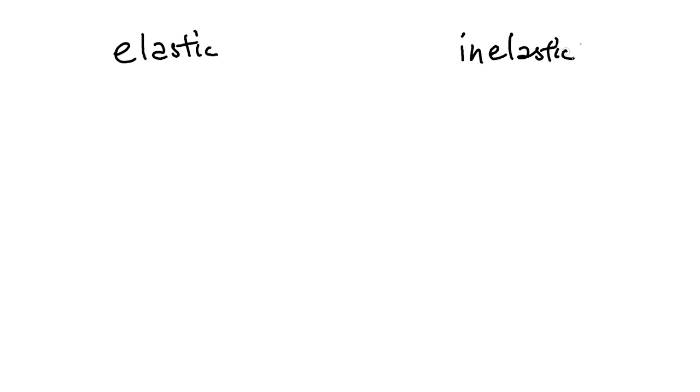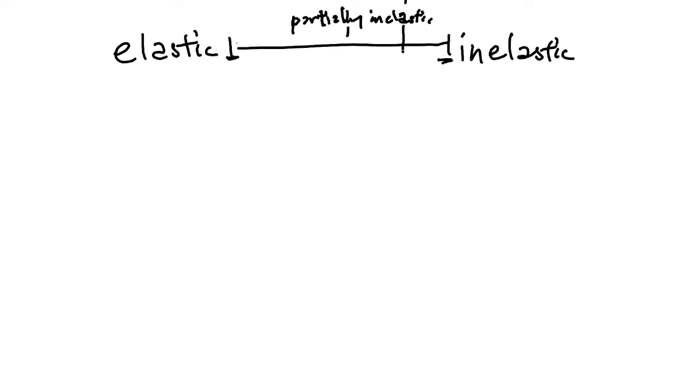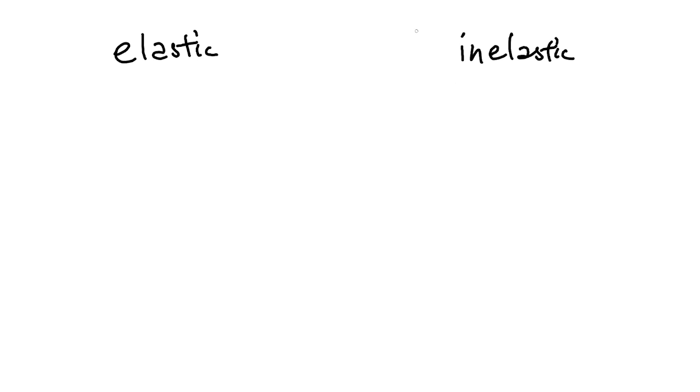And the reason why we aren't doing anything that's partially inelastic is because partially inelastic is going to just be somewhere on this spectrum, where this side is completely elastic, this side is completely inelastic. We can say something like that, right? Okay, so the main ones that we need to find are completely elastic and completely inelastic, right? So let's first do elastic.